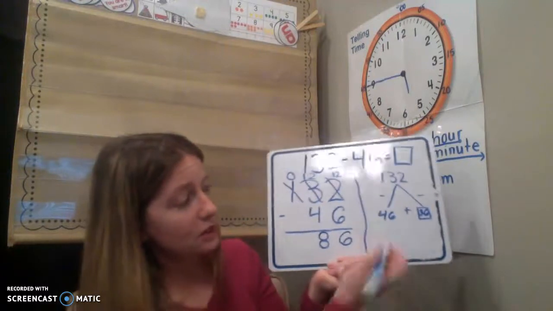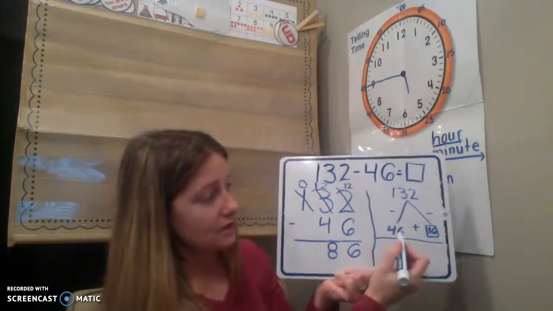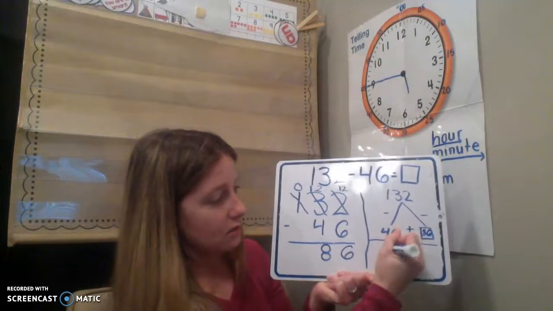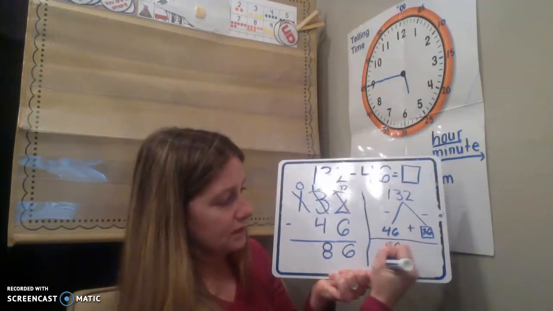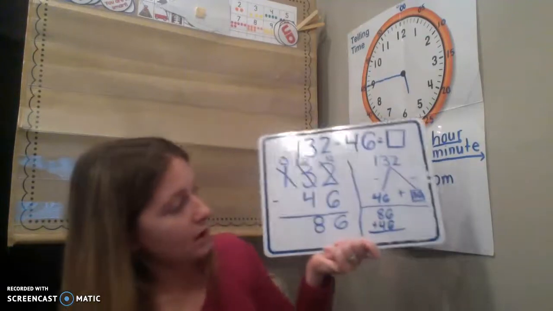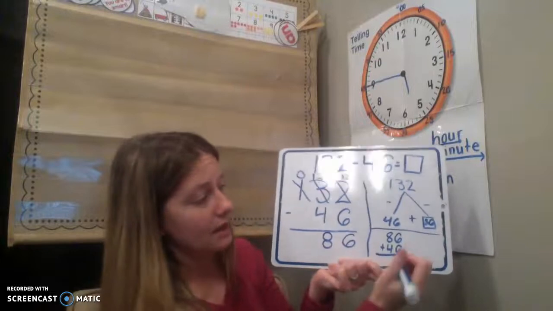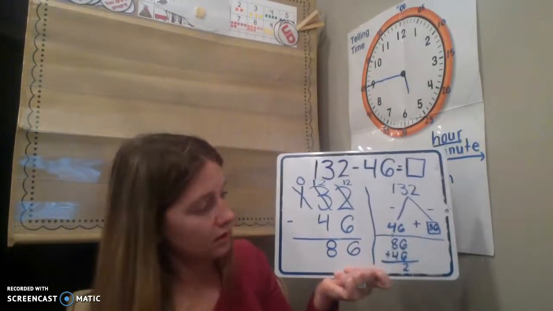All right, let's check that equation. So let's do addition now instead of subtraction. Let's do 86 plus 46. And I see a double, 6 plus 6, so I know quickly that that's 12. I make a new 10.